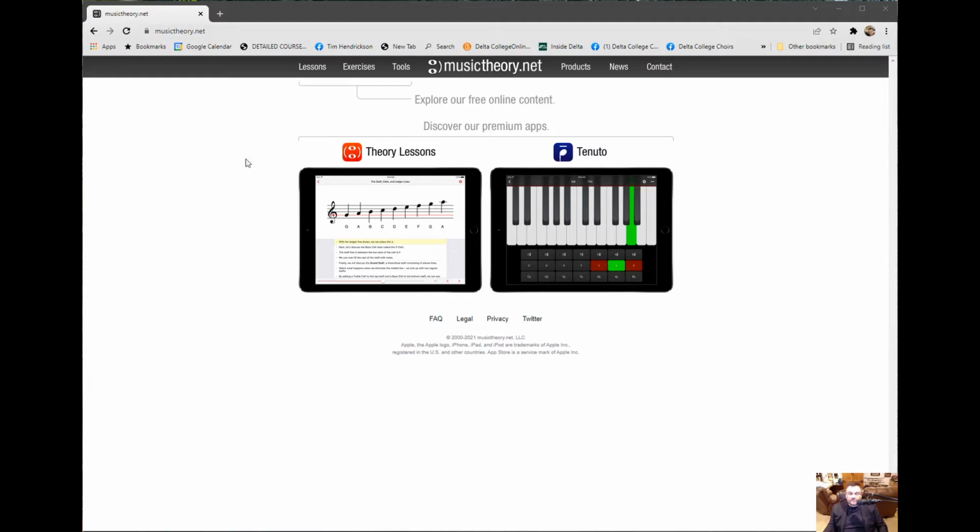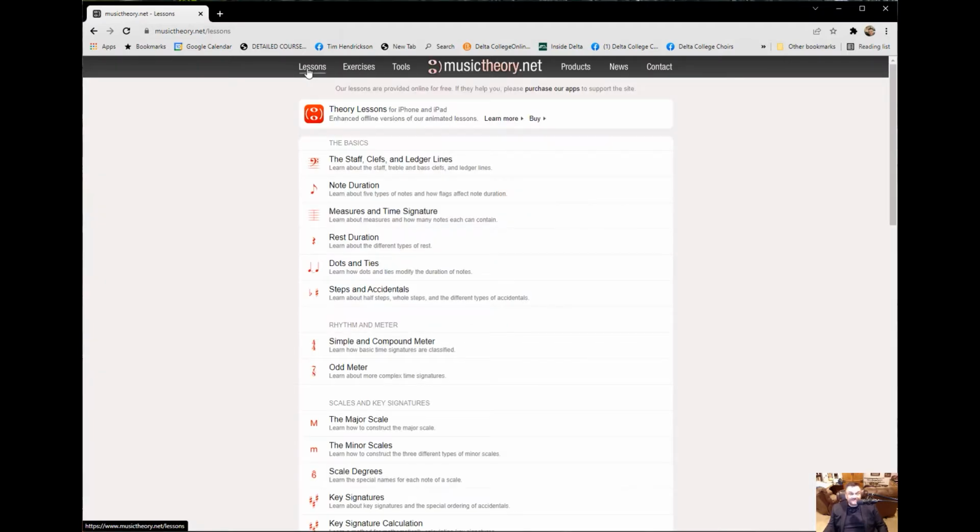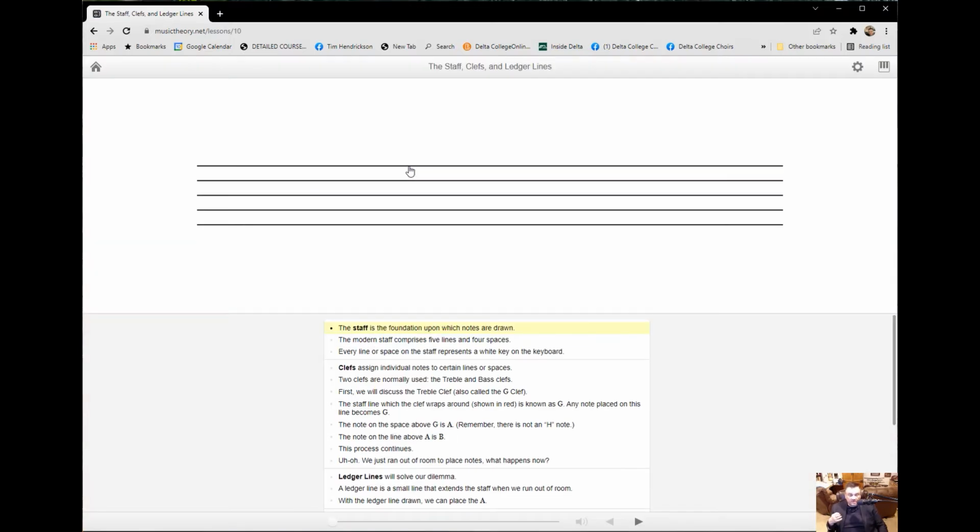When you do this, come over here to lessons, and you can see here on the lesson side everything that we are covering and more. For example, the staffs, clefs, and ledger lines. One of the things that we have to review, right?